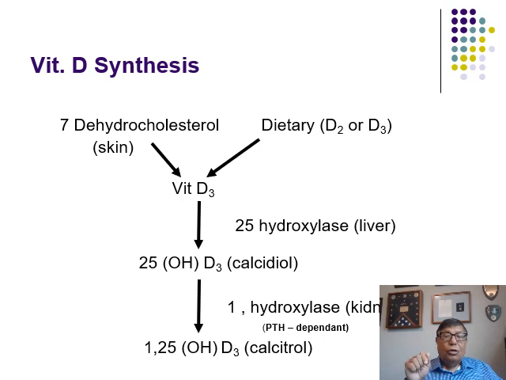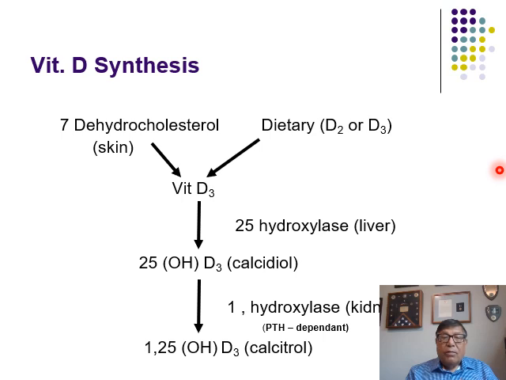Both from diet and from the skin, it becomes vitamin D3, which is not an active form. It has to go to the liver. From the dietary sources, it goes to the liver bound with chylomicron, because vitamin D is a fat soluble vitamin.